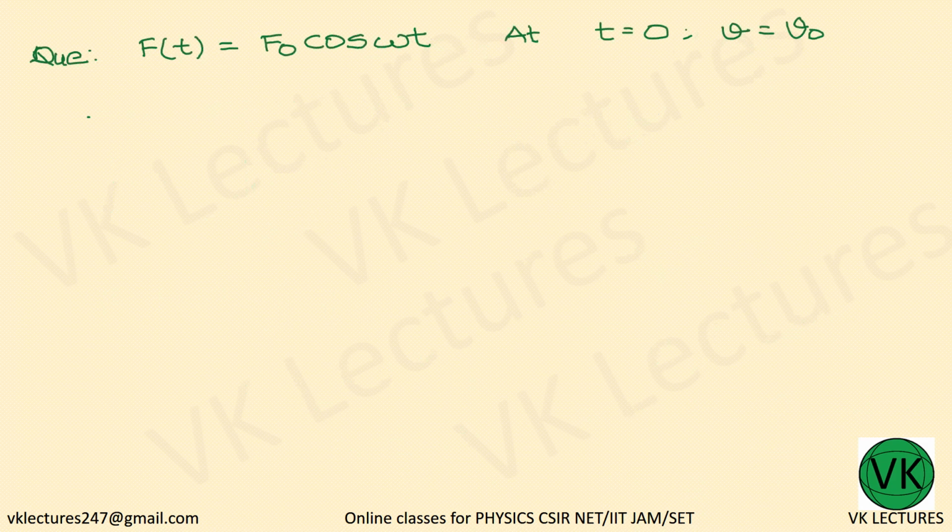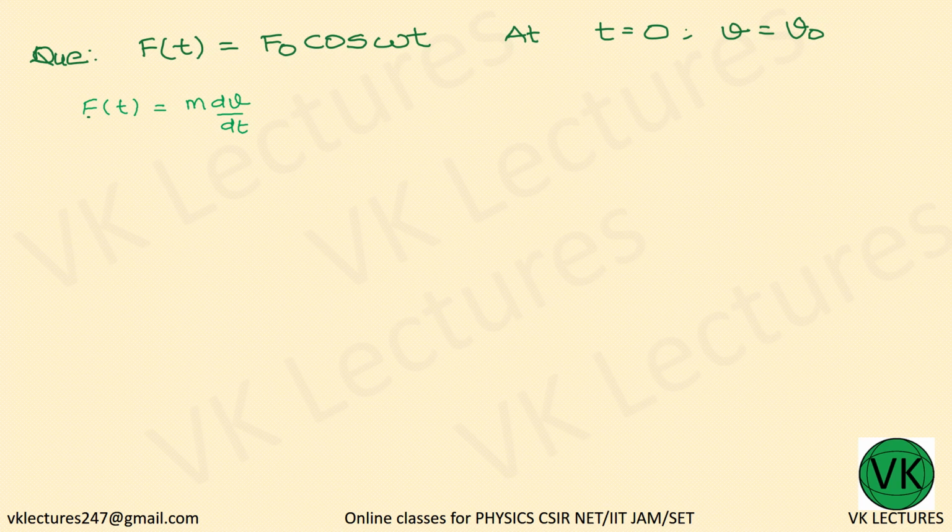You have the function f of t equal to f naught cos omega t, and the initial condition is given that at t equal to 0, v is equal to v naught. We are asked to find out the velocity v. So here f of t is equal to m dv by dt.